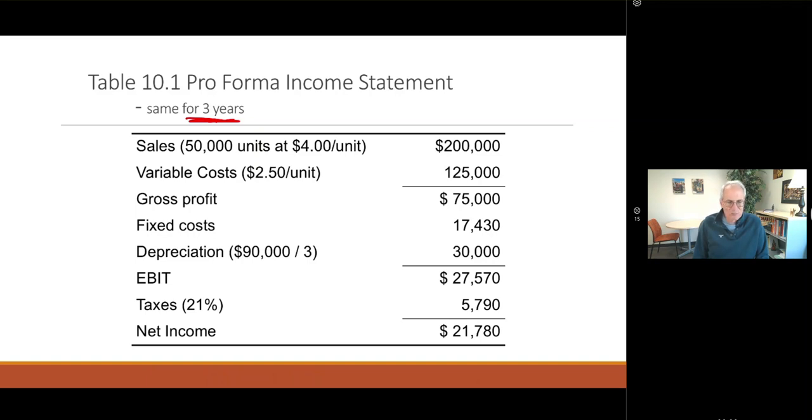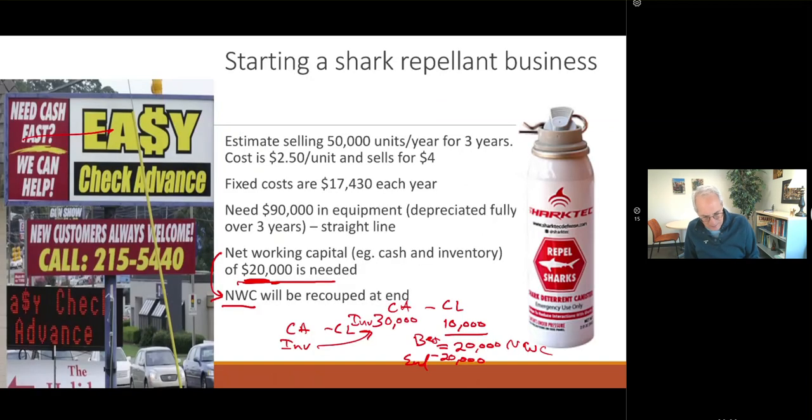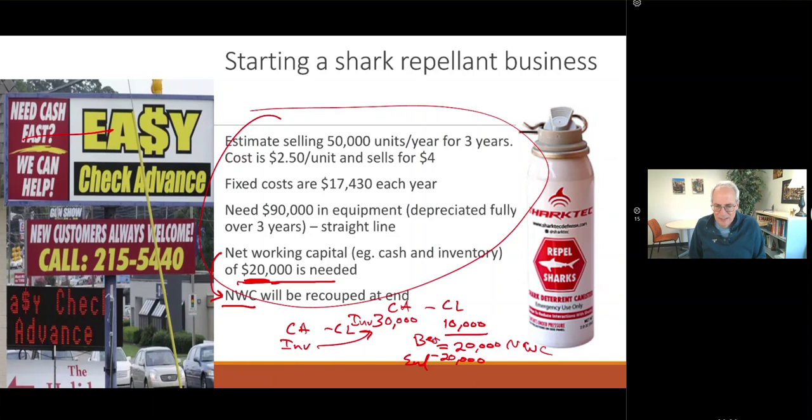Then we're going to move on to something else, just to keep it really simple. I want you to look at all of these numbers, compare them to all of this given here to make sure you know where they come from.